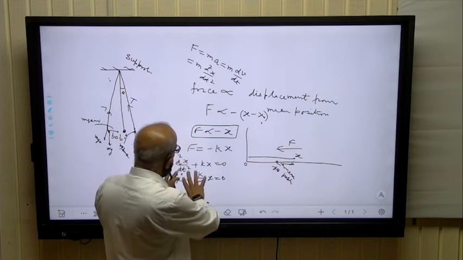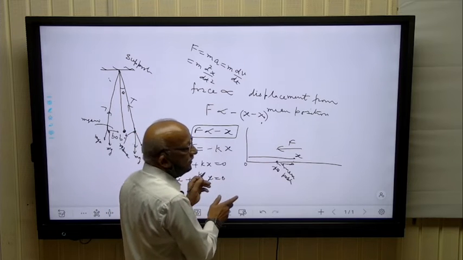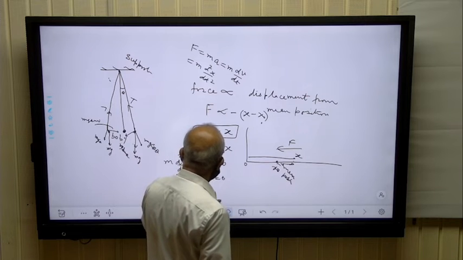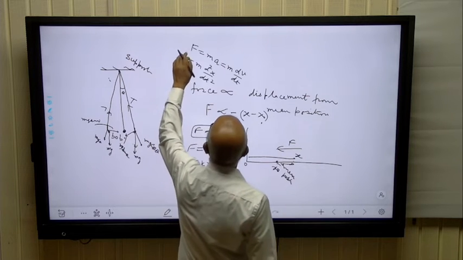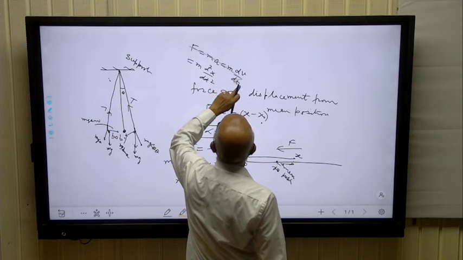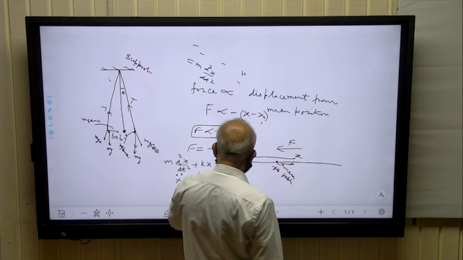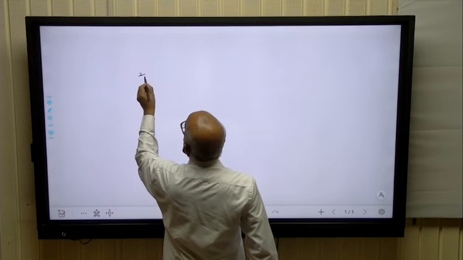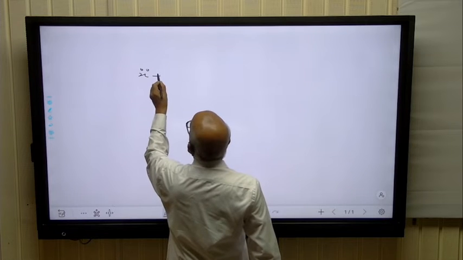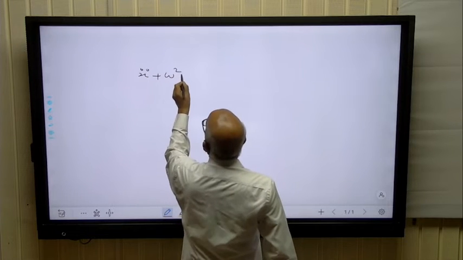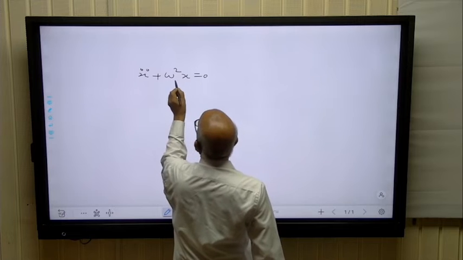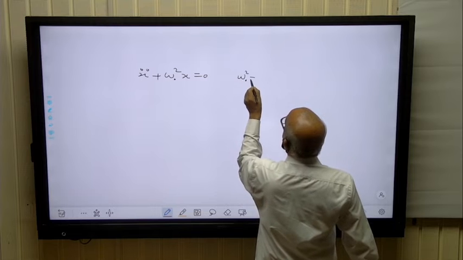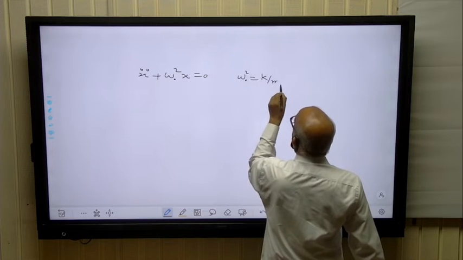Therefore, we make it into a simpler form: x double dot plus omega naught square x is equal to 0, where omega naught square is equal to k by m.